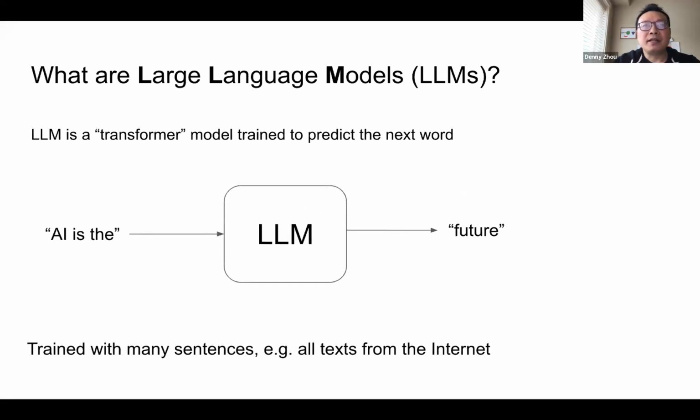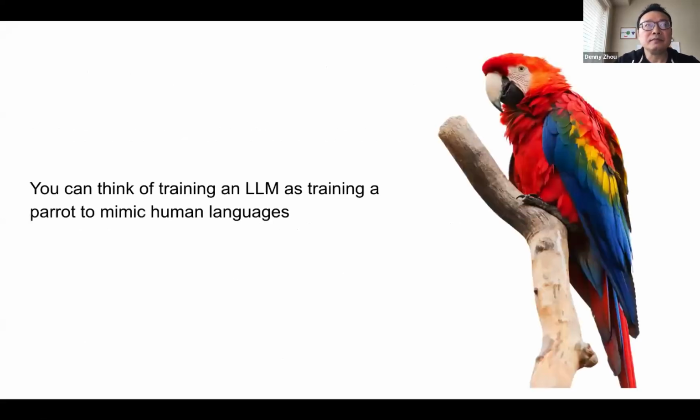If the model makes a mistake, then we adjust the weights. That's it. We can train the model with many sentences, for example, using all text from the internet. That's all we need to train a large language model. You can think of training an LLM as training a parrot to mimic human language.